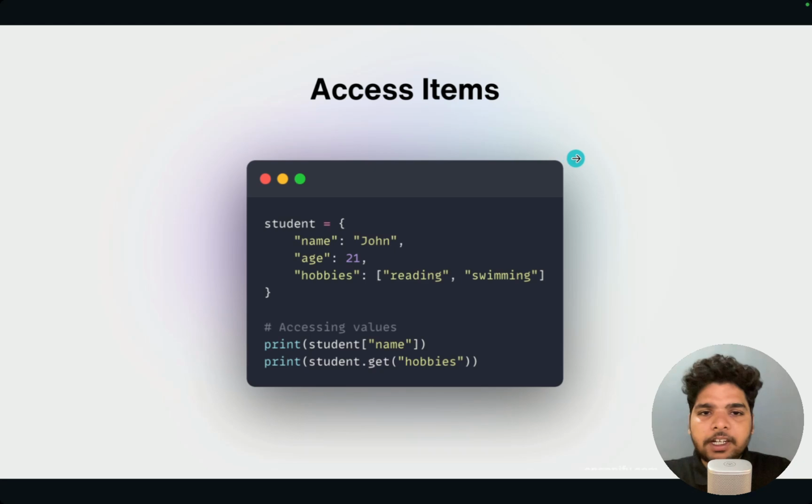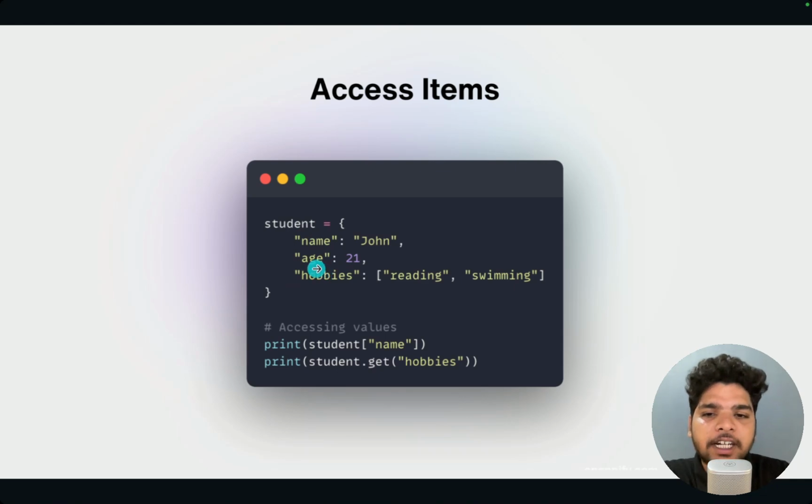Now let's see how we can access items in a dictionary. There are multiple items, right? This item, this item, this item. How can we access item values? Let's say I want to find the age of this student dictionary.